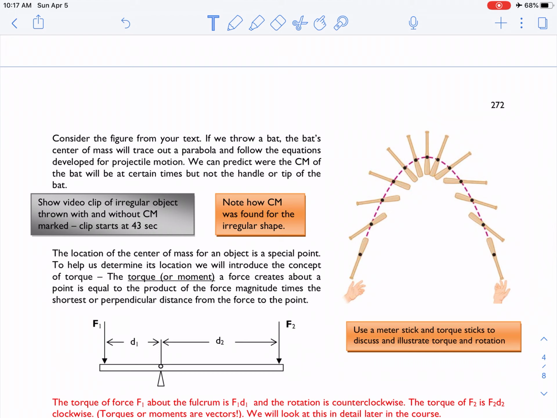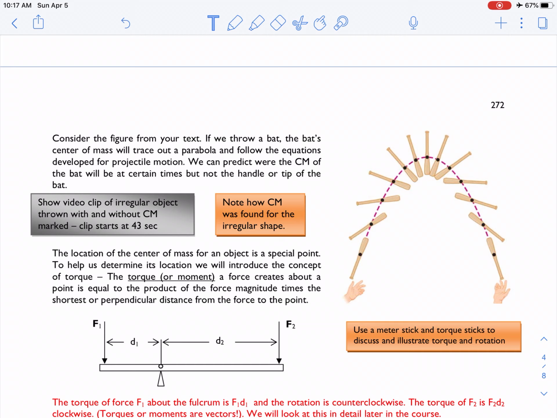If you consider a figure, this is from the Wiley Plus textbook. If we throw a bat, the bat's center of mass will trace out a parabola. If you look at those black dots and the purple dashed lines, that's a perfect parabola, because that's the center of mass. Even though you are throwing the bat so that it spins, that point stays on the path of a parabola.